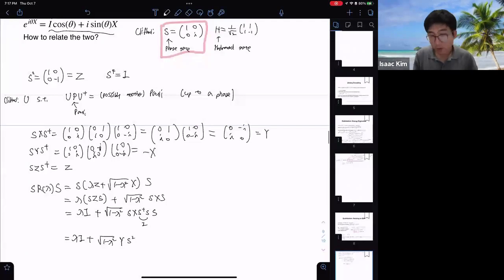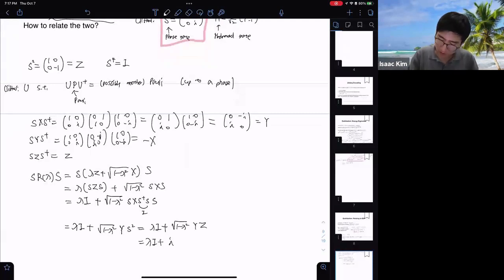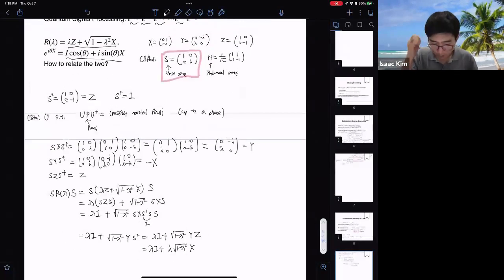But S squared was equal to Z. And therefore, this is lambda I plus square root of 1 minus lambda squared YZ. This is lambda I plus i square root of 1 minus lambda squared X.